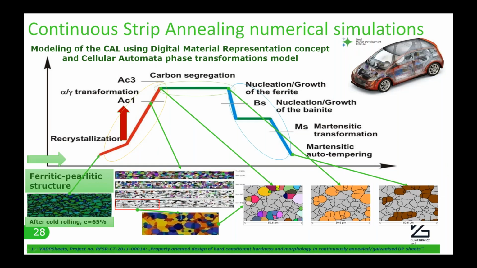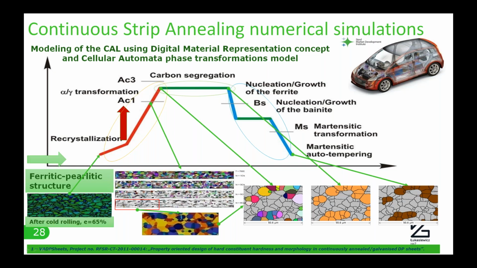One of the objectives of the VetPrits project was modeling of the continuous strip annealing using the digital material representation concept and cellular automata phase transformations model. The whole modeling approach consists of several submodels.